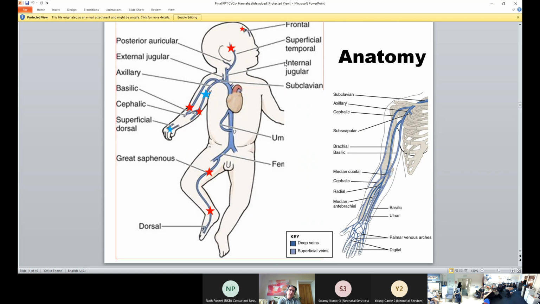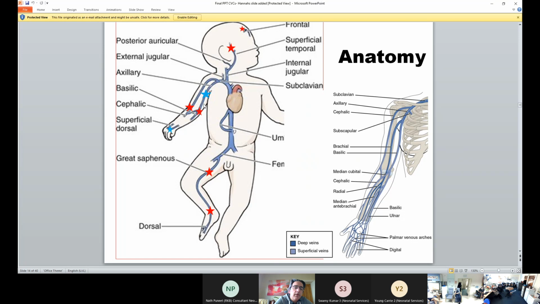That's a map for the sites we go for to insert long lines. The vein of choice is the basilic vein. You see this one running along the medial side of the arm. Why we like this one?